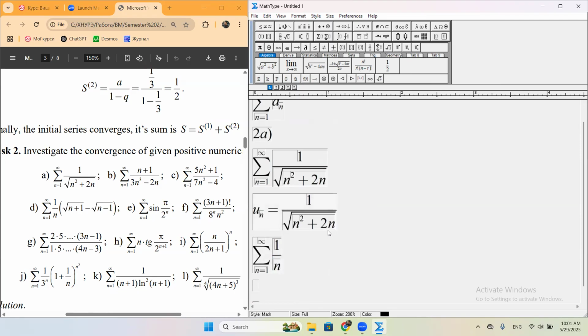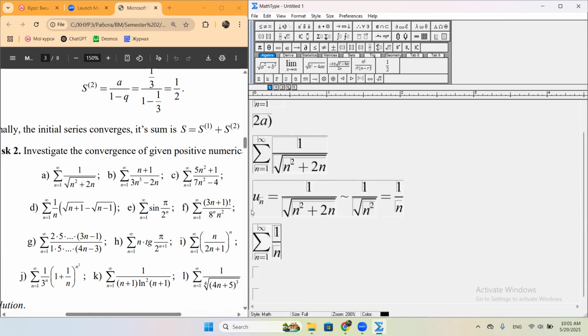So what can we say about this series? Actually, when n approaches infinity, it is equivalent to 1 over square root of n squared, and it equals 1 over n.